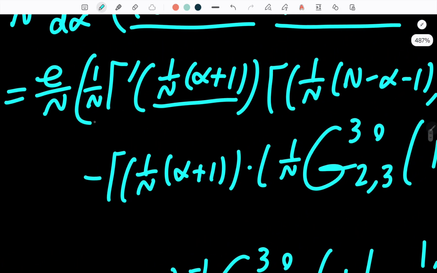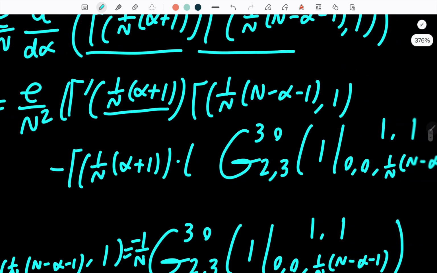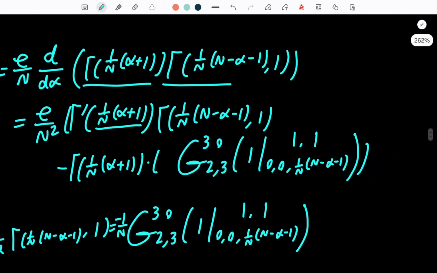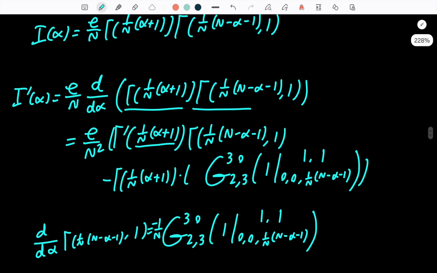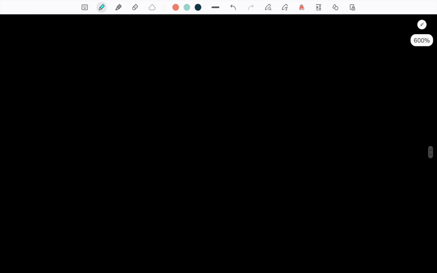And we also see a 1 over n and a 1 over n here, so we can factor it out completely, times 1 over n there. And then we'll have an e divided by n times n, or n squared, on the outside. Now, this is I prime of alpha. Now, remember, we need I prime of 0. That is our result. So, we just need to plug in 0 for alpha everywhere.